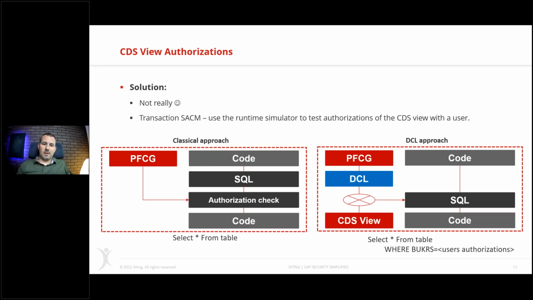There is a runtime simulator in transaction SACM, where we can test the authorizations of a user for CDS. We can basically take that CDS entity that we see in the trace and run a simulation against another user. Then I can see which authorizations are considered for that pull.